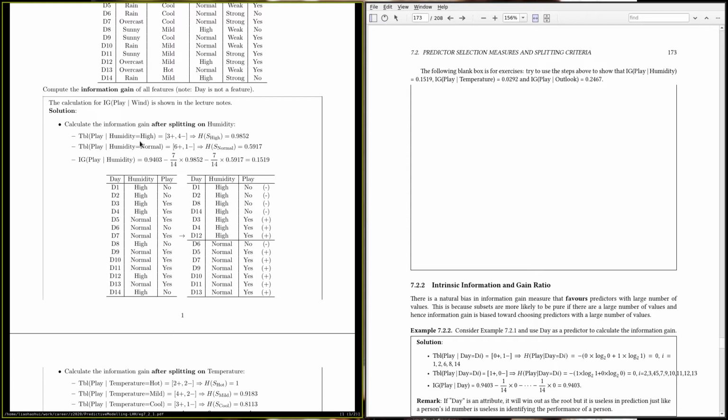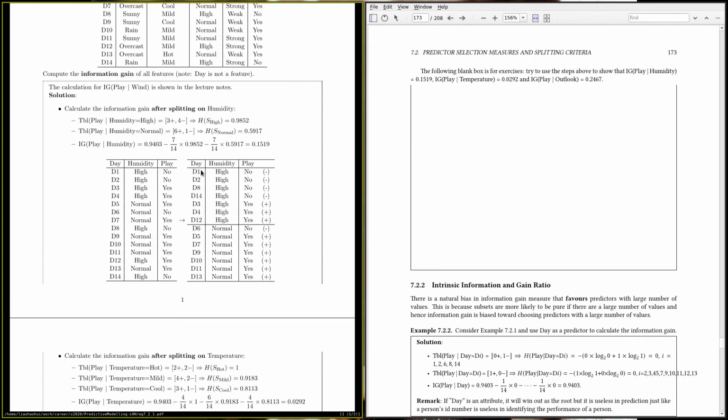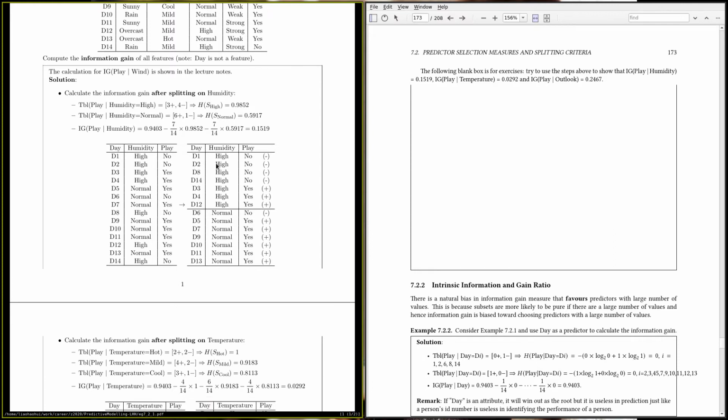So we have to reorganize based on the categories of humidity. Humidity has only two values, either high or normal, no other values. So that's why I split it into two parts, high and normal. Of course, the index would change as well, right?